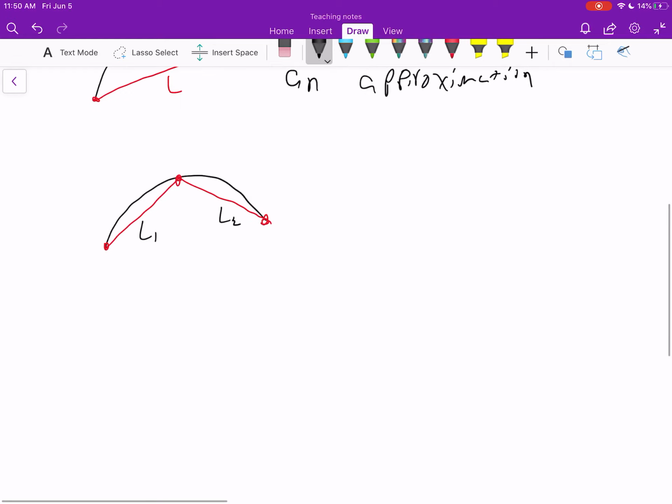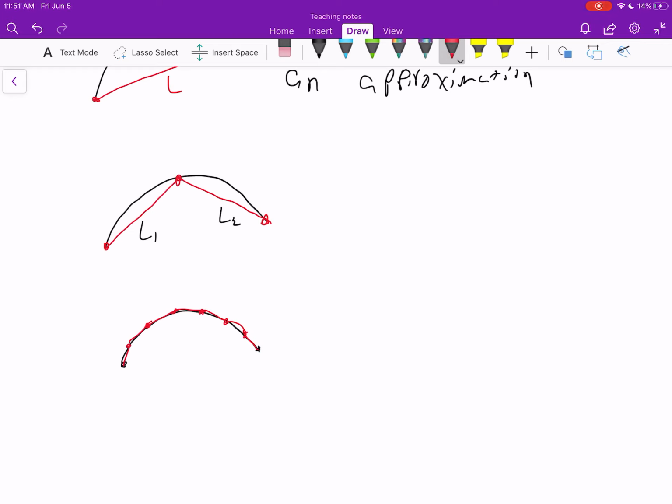You'll see that the more lines I cut this into, the better the approximation is going to be. You can kind of guess where this is going to go. We're going to start involving some calculus.